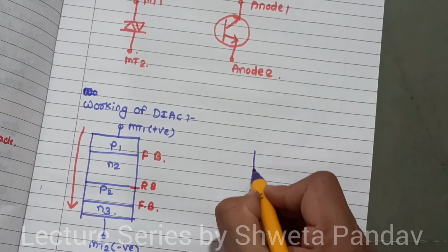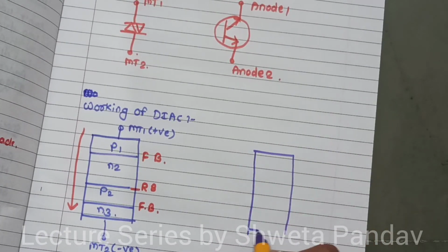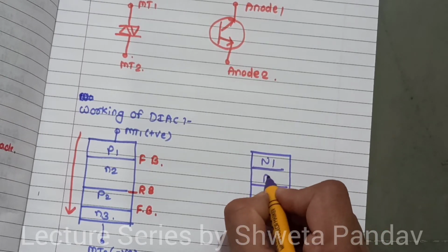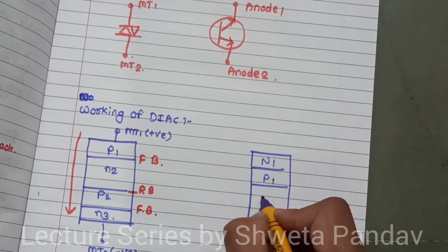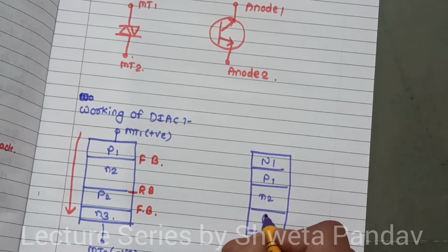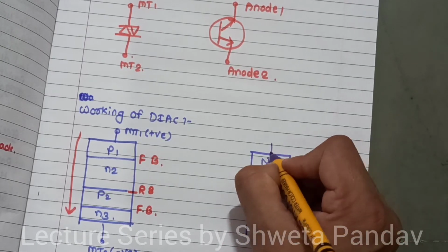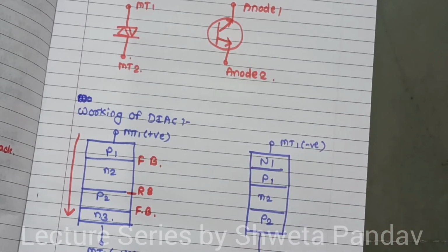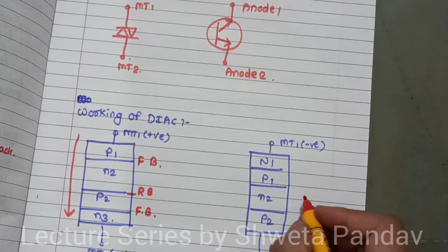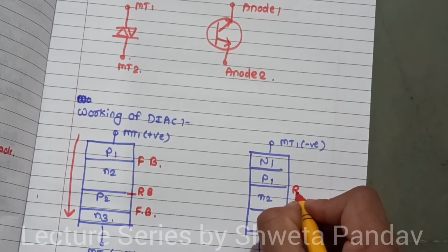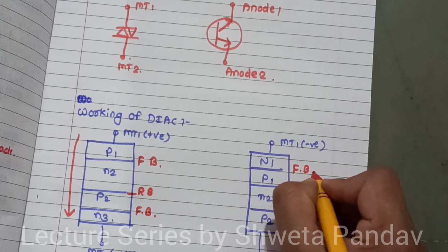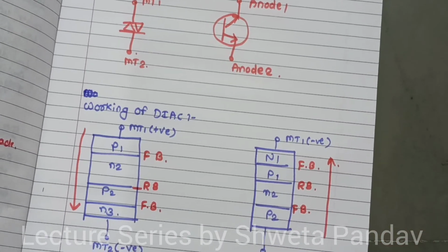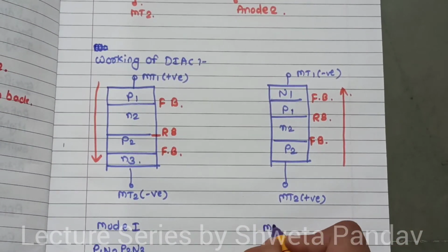Now in the second mode of operation, we have another structure N1 P1 N2 and P2. Here MT1 is negative and MT2 is positive. As MT2 is positive, this junction is forward biased, this junction is reverse biased, and again this junction is forward biased, and the current flows in the opposite direction. So this is mode 2 operation.